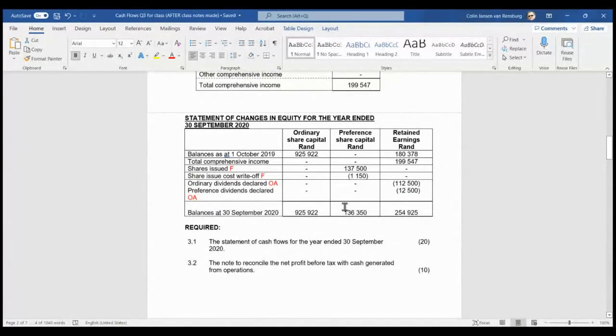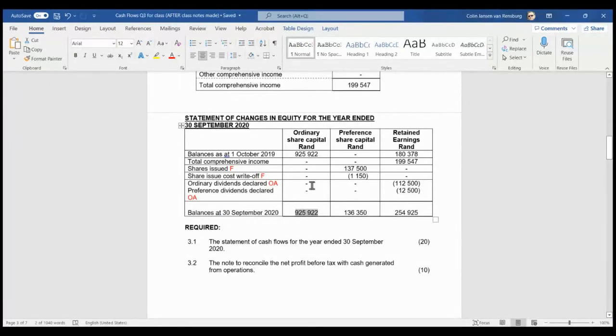So here we can see, ladies and gentlemen, when it comes to our ordinary share capital, it had an opening balance at the beginning of the year of 925,922 rands. It had a closing balance of 925,922. And then we see there are no reconciling items. If there had been any issue of fresh shares, it would have been a reconciling item somewhere here.